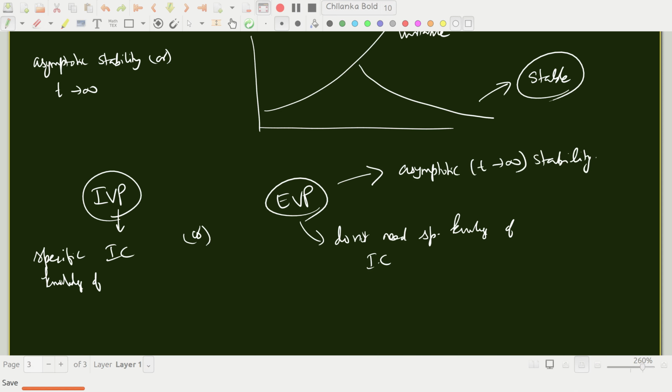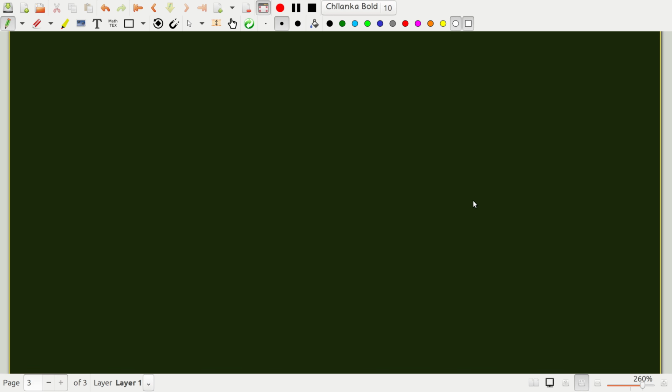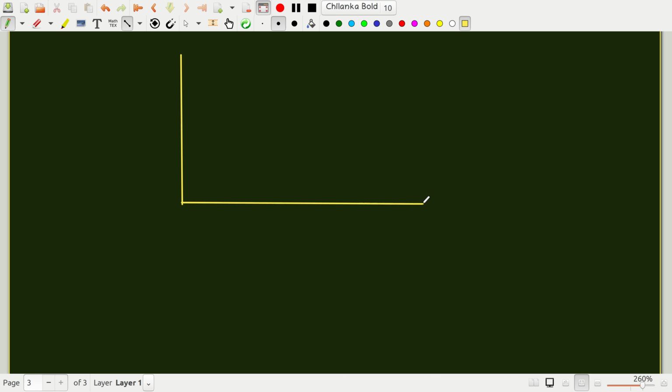Okay. Now, this approach, while it is successful in many cases, has the following drawback. When the eigenvalue analysis, I will use the word normal mode analysis, predicts an instability, then of course that means that even if one of the eigenvalues has positive real part, the perturbations will grow exponentially with time.